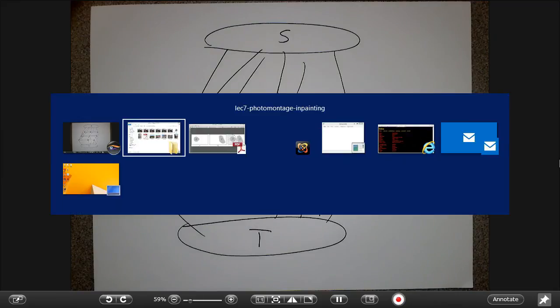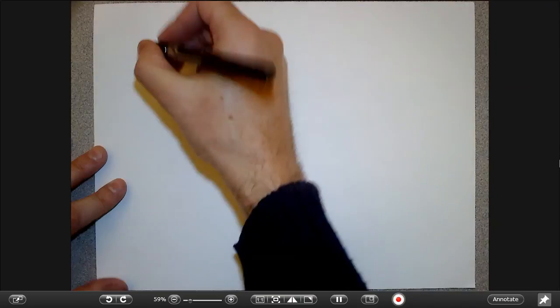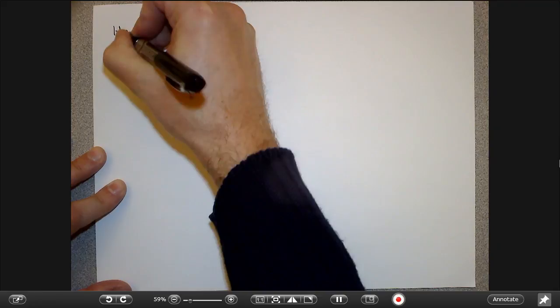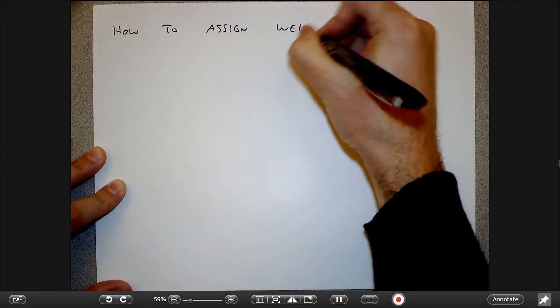So let me show you this picture for a second. This is the picture that I just drew in a more polished way. And so what I need to do is figure out what are the weights between the edges. So how to assign weights.